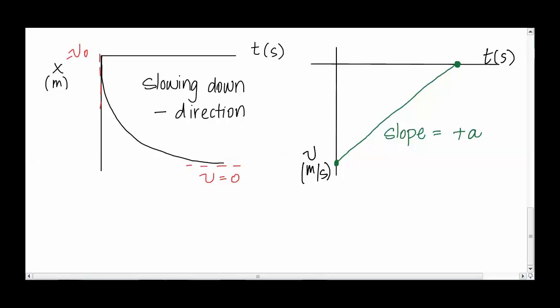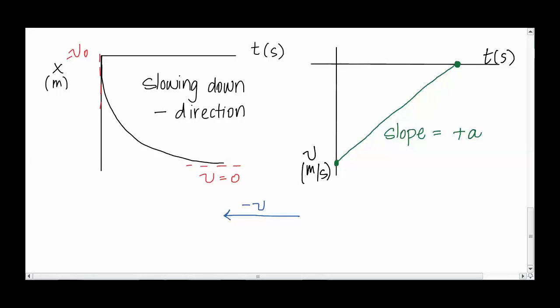Then we can draw the arrows to represent the motion. Your velocity vector would be to the left because it's negative.